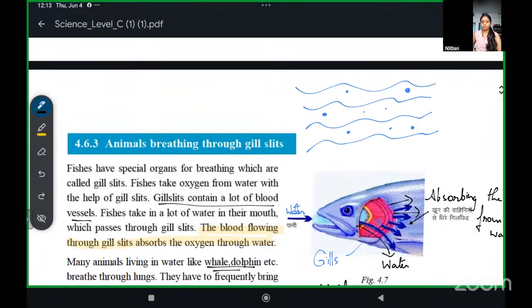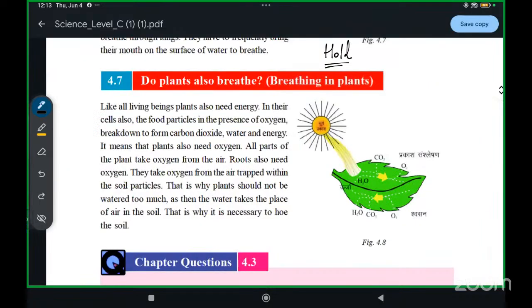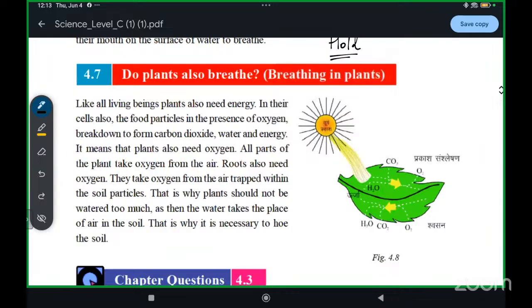Do plants also breathe? Does breathing take place in plants also? Yes, plants also breathe. Like all living beings, plants also need energy. In their cells also, the food particles in the presence of oxygen break down to form carbon dioxide and energy.